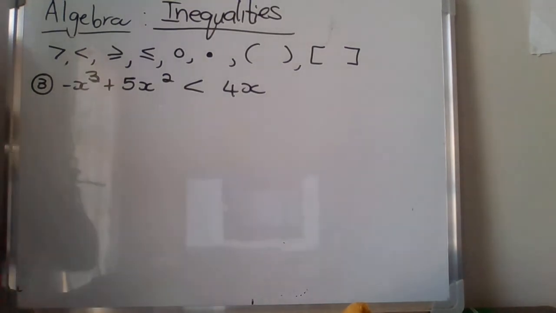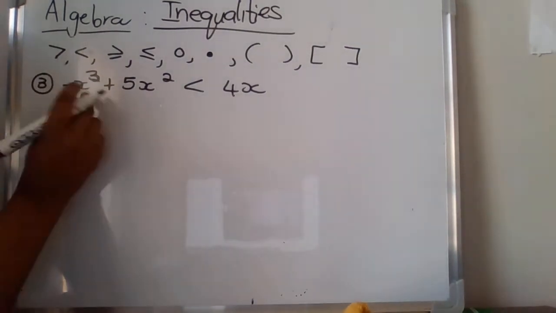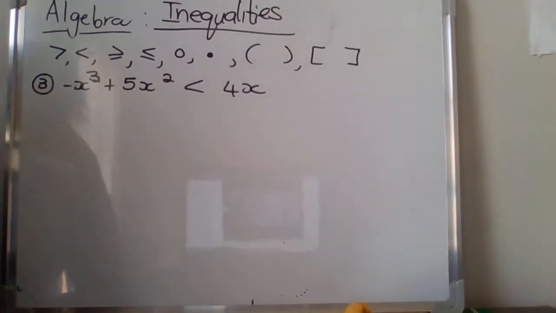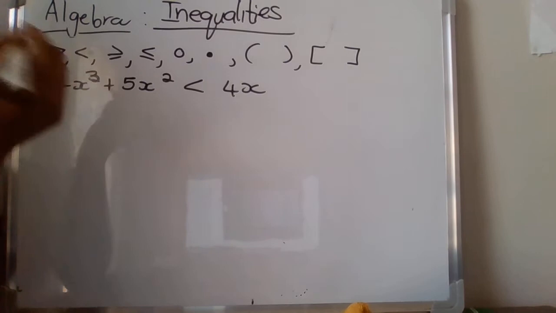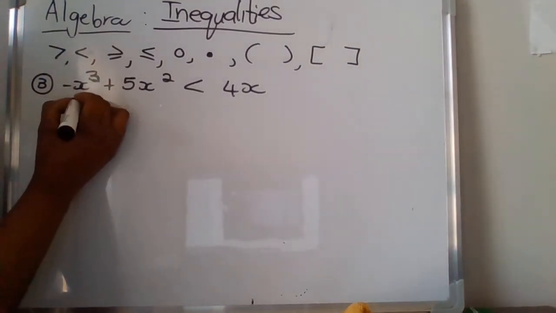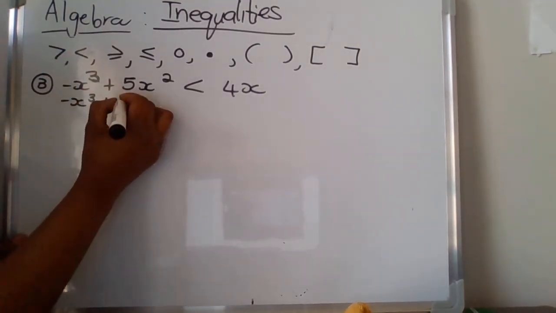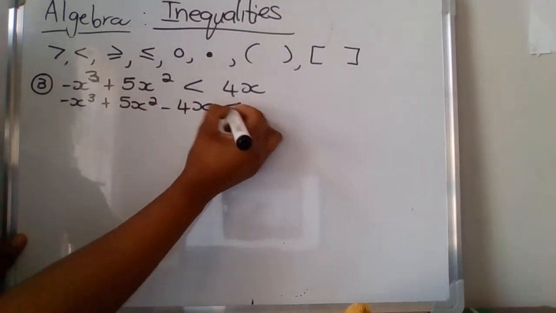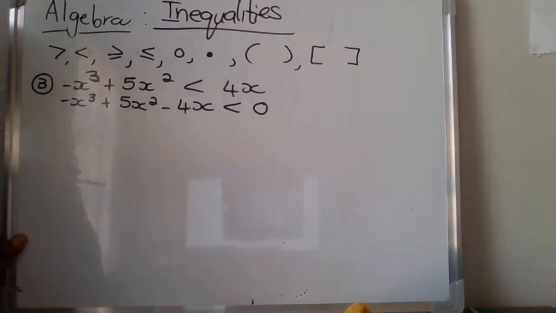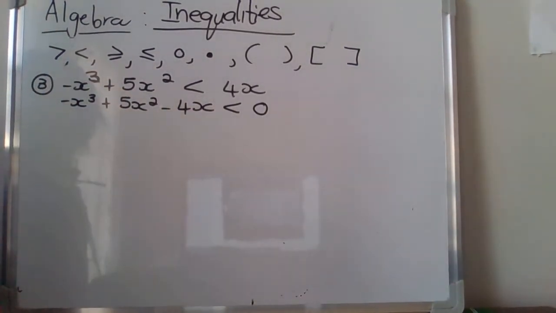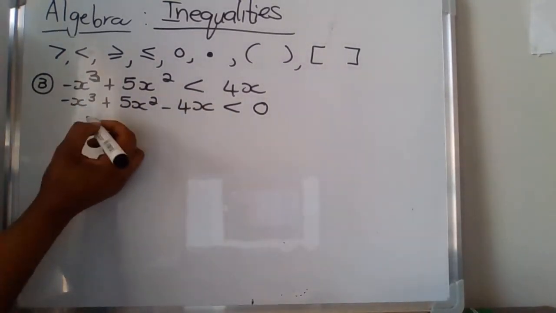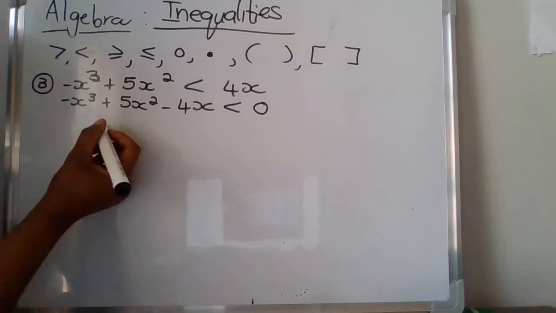Okay, so last example. Here we have a negative x cubed. So we have -x cubed plus 5x squared minus 4x is less than 0, and we want this one here to be a positive coefficient.